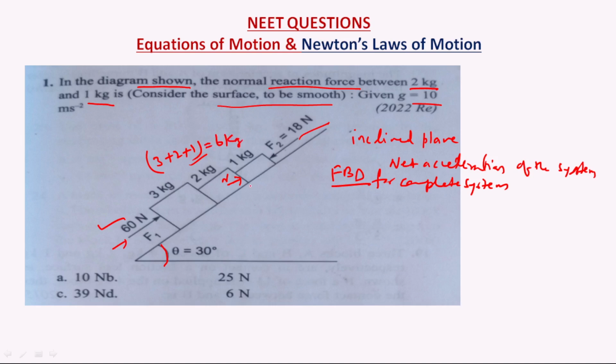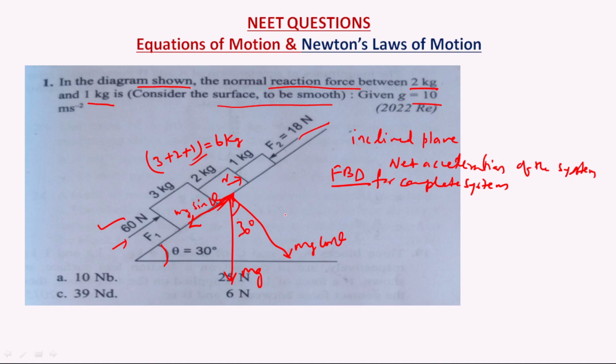Then the weight is mg, and it will have components mg cos theta and mg sin theta. The angle made is 30 degrees only.